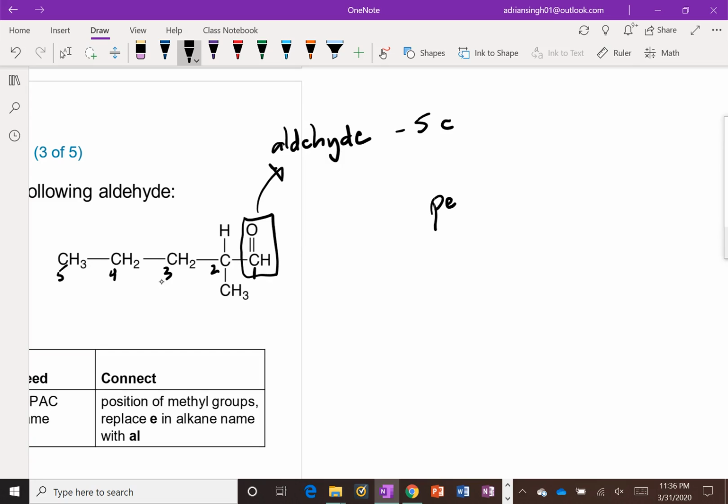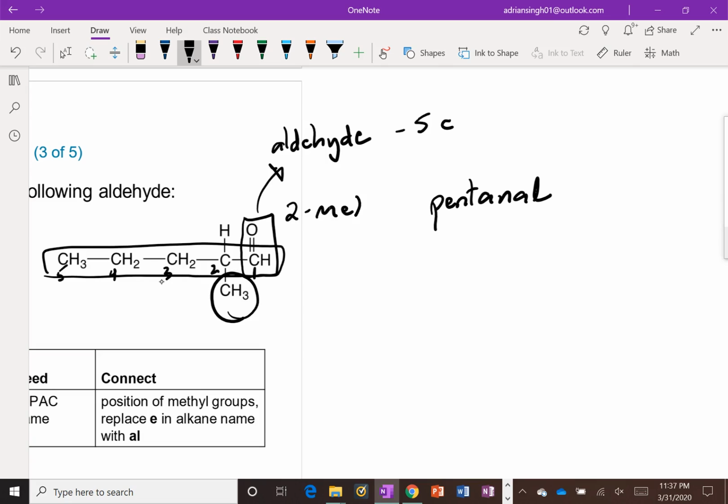Prefix for 5 is pent. So we start with the corresponding alkane, which would be pentane. We drop the E, replace it with Al, pentanal, and now we can see if we put a box around our longest chain, we see there's a methyl on carbon 2, so we're going to say 2-methylpentanal.